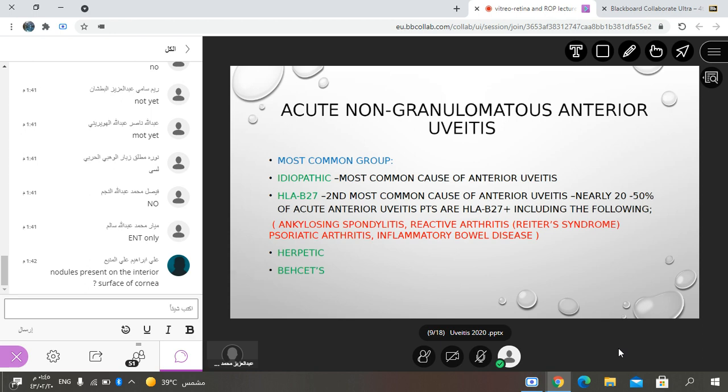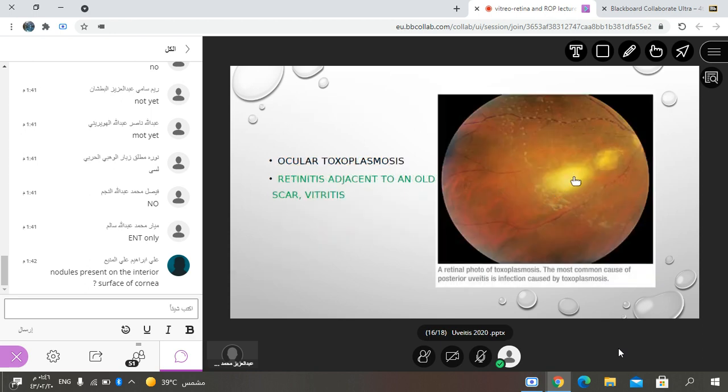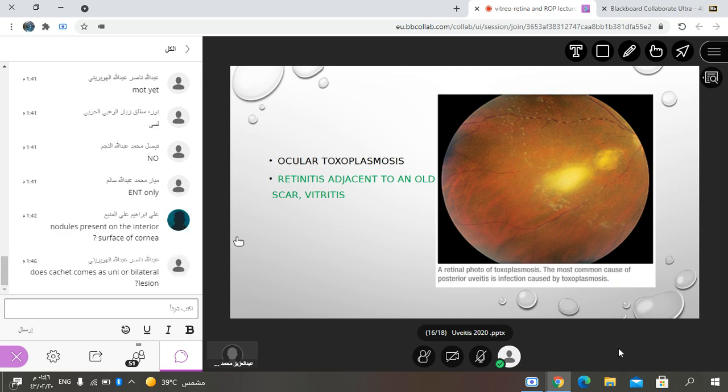Behçet disease, if resulting in inflammation like this one, this is retinitis, but that was toxoplasmosis. Behçet can result in inflammation like this, but it is in the fovea. This one is nasal to the retina. Behçet will be in the fovea, so it will destroy the fovea. That is Behçet disease involving the macula.